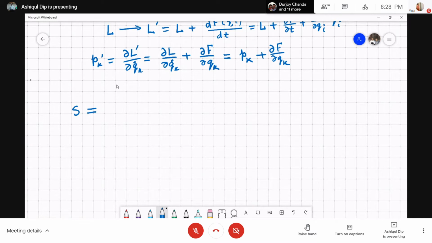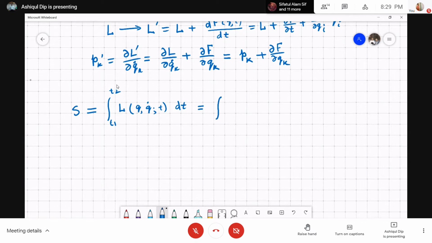It is the integration from T1 up to T2 of the Lagrangian of Q, Q dot, and most possibly T, dt. This was the definition of Lagrange action itself, right? Actually, we can write it down in terms of Hamiltonian first.